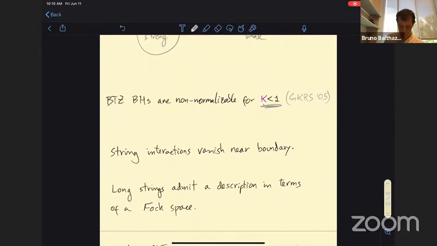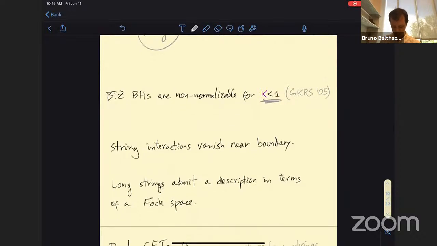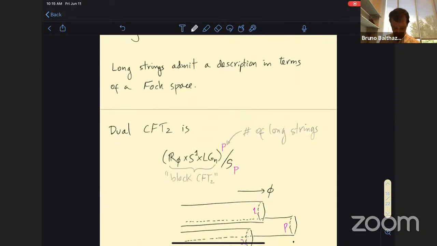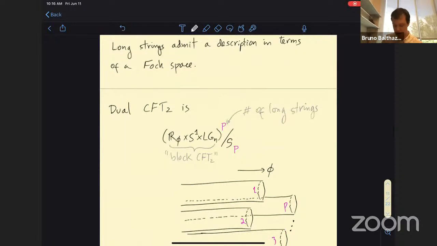Okay, great. So that essentially sets the stage for this symmetric product orbifold picture that we had, because the string interactions vanish near the boundary. So the long strings admit a description which is essentially in terms of a Fock space. And we know that this is captured by a CFT2, which takes the form of a symmetric orbifold, where the block in the symmetric orbifold is the Cyber-Witten theory.